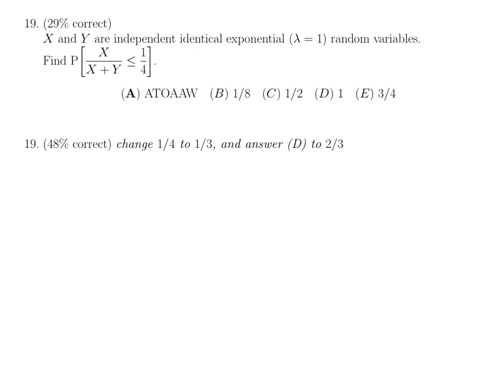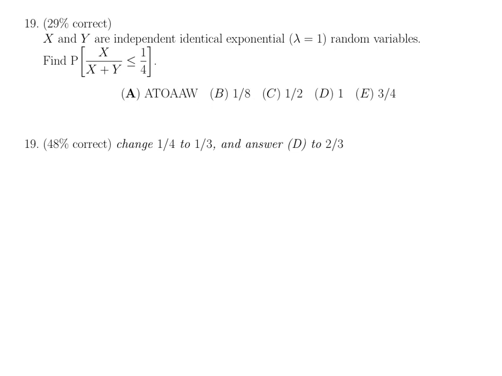So then I asked this version of the problem, and got some funny answers. There were, I think, 8 versions of this, and one pair of them had this same problem statement: X and Y independent, identical, exponential, lambda equals 1 random variables, and the problem was the probability this ratio is less than or equal to 1/4.